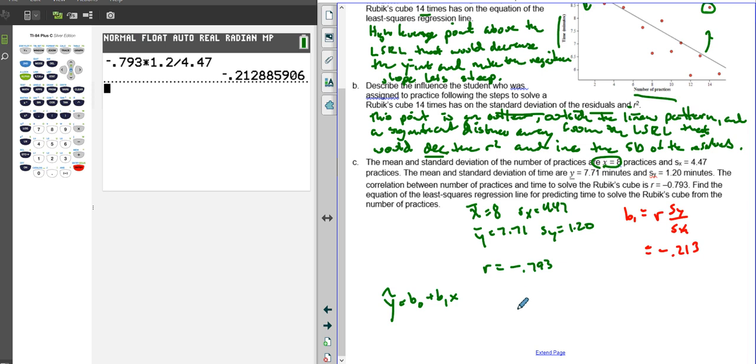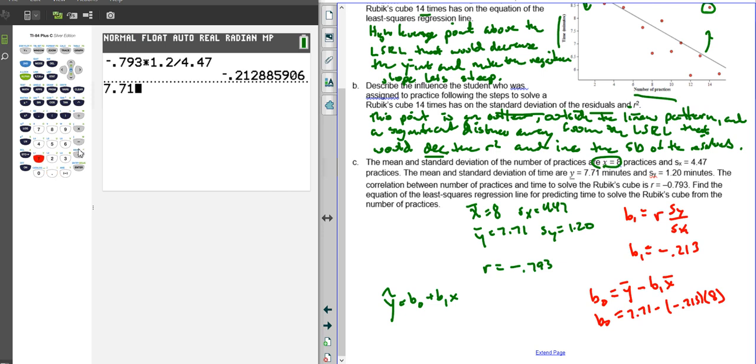From here, we're going to figure out our b sub 0. Our b sub 0 is going to equal the mean of our y's minus this b1, which we just found, times the mean of our x's. So we put in 7.71 minus negative 0.213 times 8, and that's going to be our y-intercept.